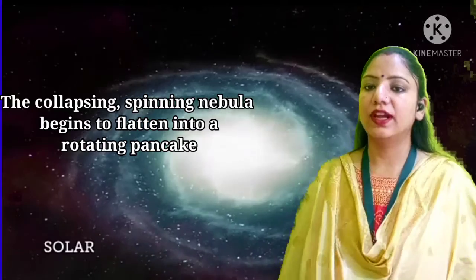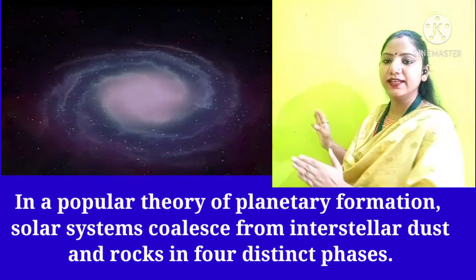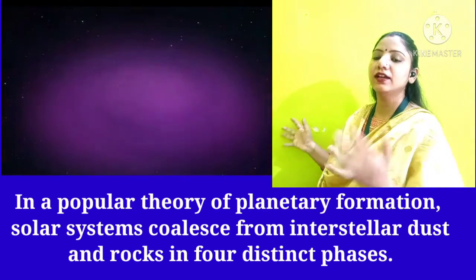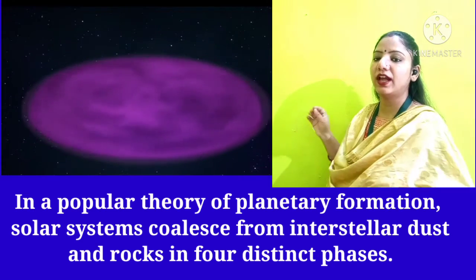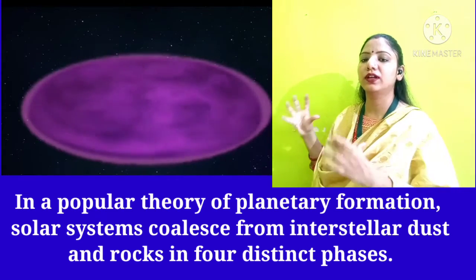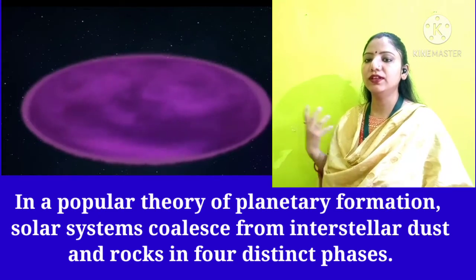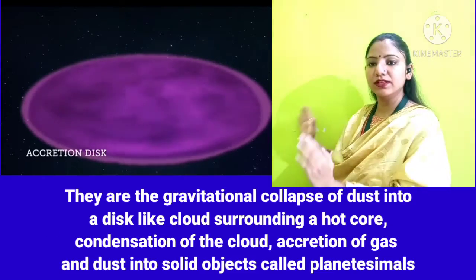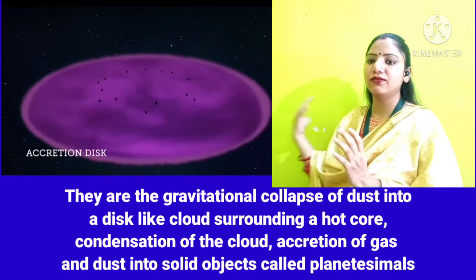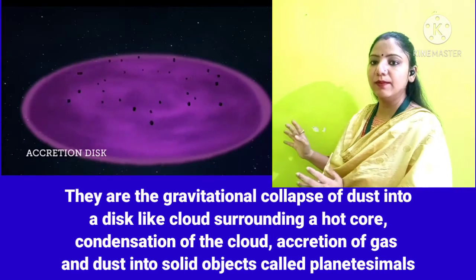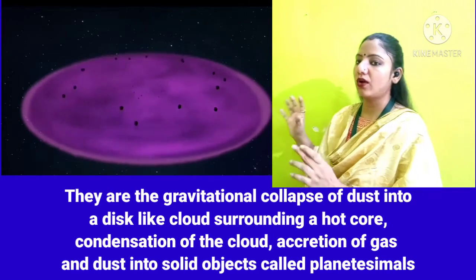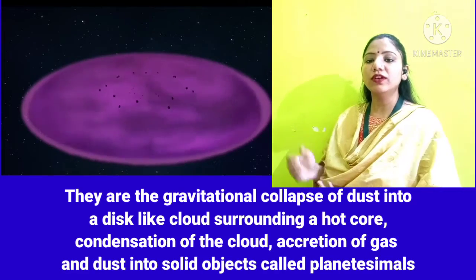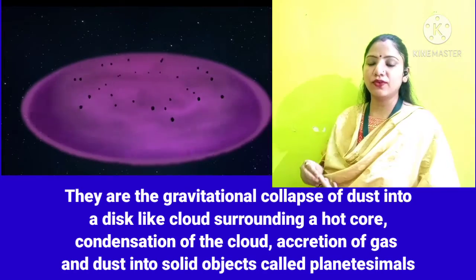Then, as you can see, these gaseous particles started to attract each other, and due to the gravitational force of the protostar, the dust particles mixed with the protostar and formed the outer layers, the mantle and the crust, due to which many planets were formed.